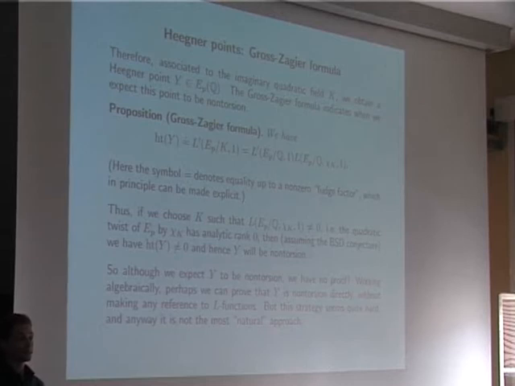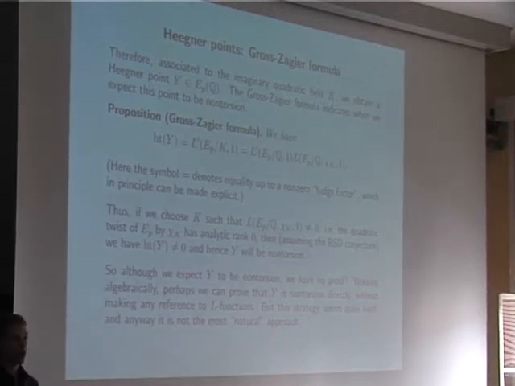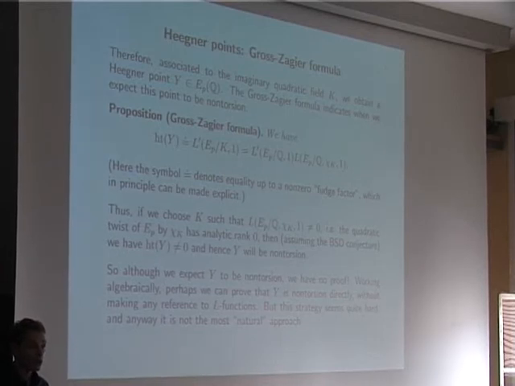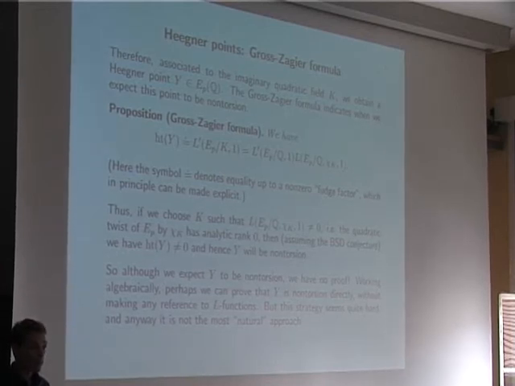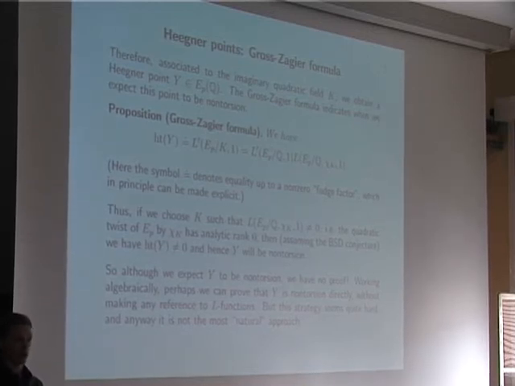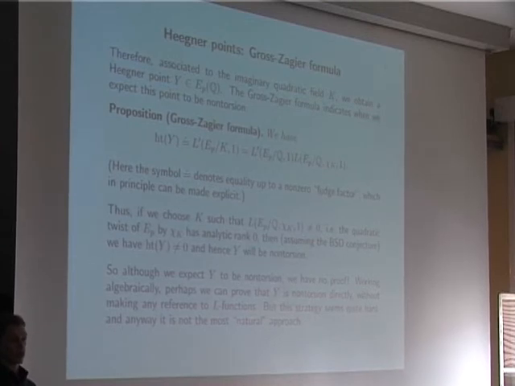Yes? That's over Q. Over Q, the torsion is trivial, and over K? I'm sorry? Oh, yes, the torsion is trivial, but it's possible that there's a non-torsion point. And so either the point is torsion or not torsion, and we want to show that it's not torsion.